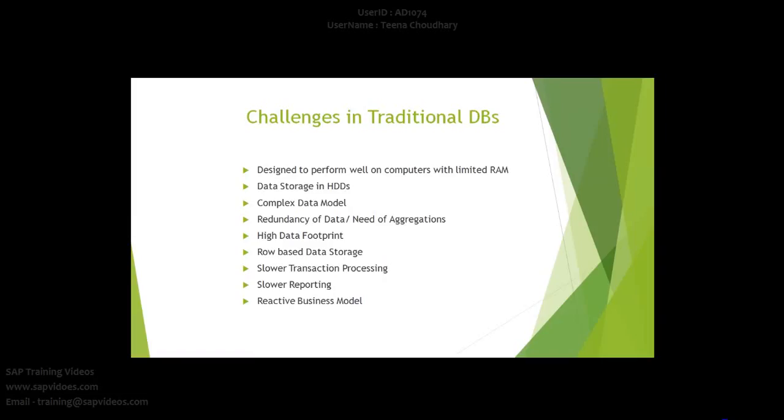And finally, the last point you see is the reactive business model. Due to all these situations, the top management is not able to do predictive analysis. So let's say if all the data is available in real time, at a faster speed, you can perform the reports let's say thrice a day or 4 times a day.